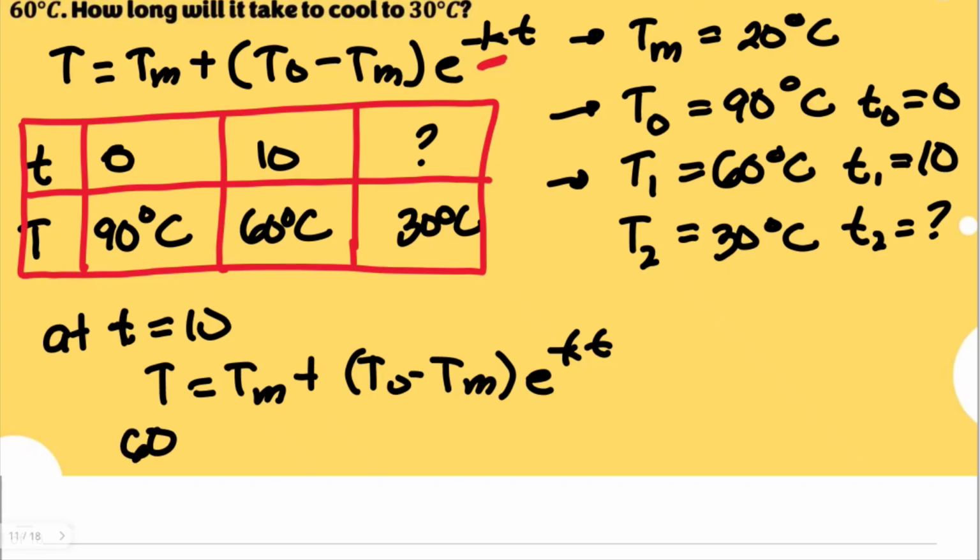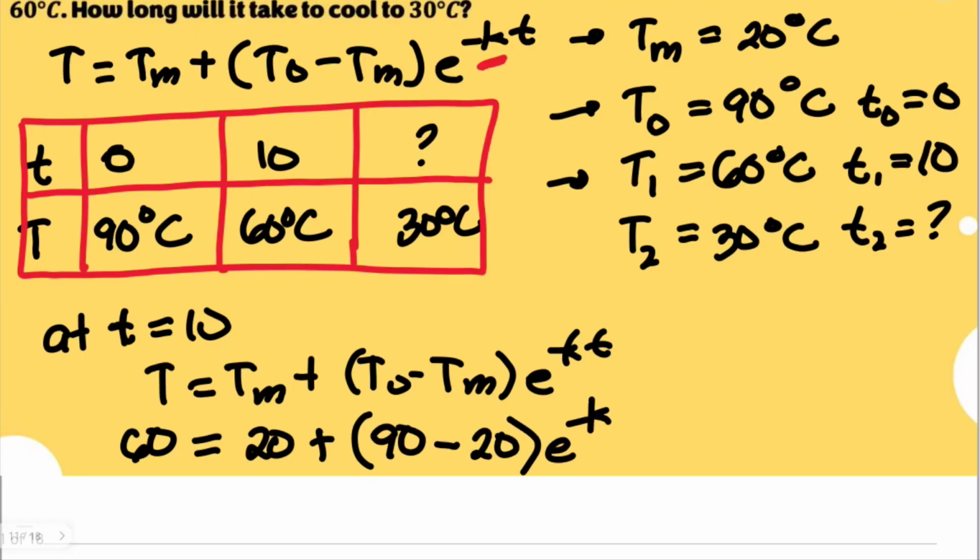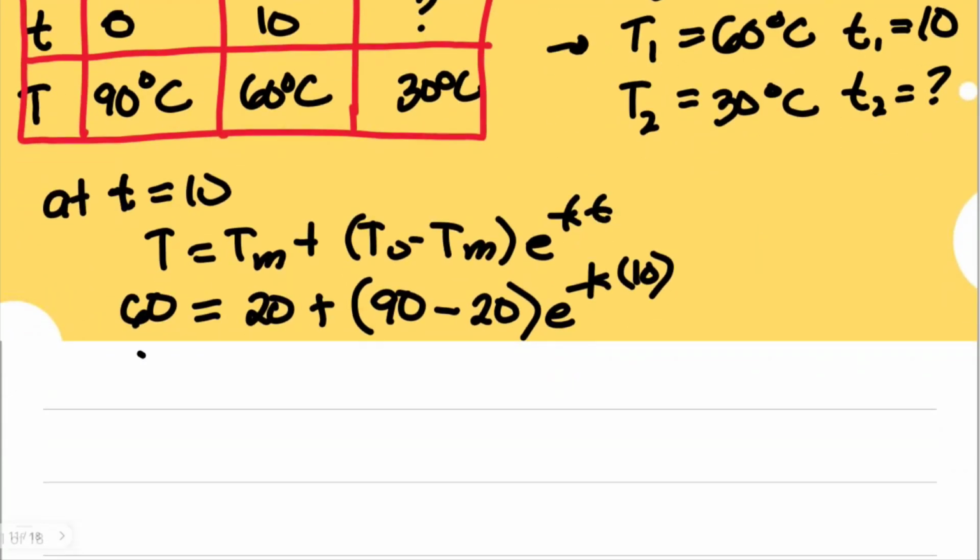So 60 is equal to our ambient temperature of 20 plus the initial 90 minus the ambient 20, times e to the power of negative k times 10 for your time. So with this, we have 60 is equal to 20 plus 70 e to the power of negative 10k.